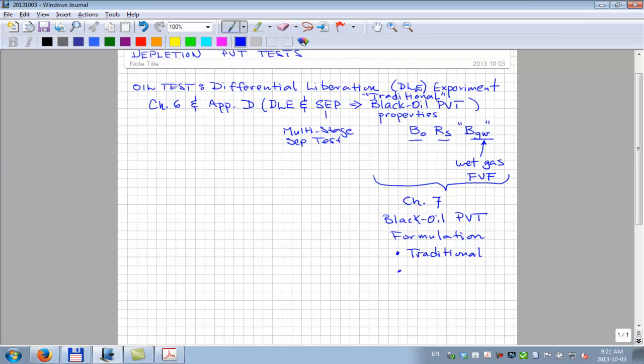But that applied basically from, let's say, whenever they started using black oil properties, I can't exactly tell you, probably sometime in the 50s, up until around, I'm going to say 1980, but it was mid-80s, late 80s. I'll just put 80 here.